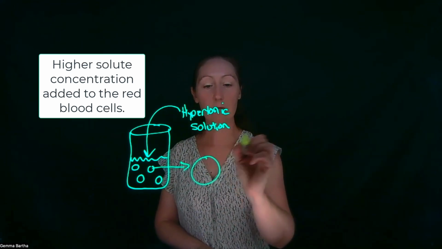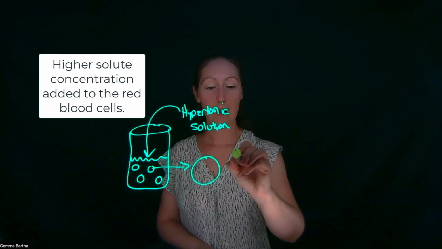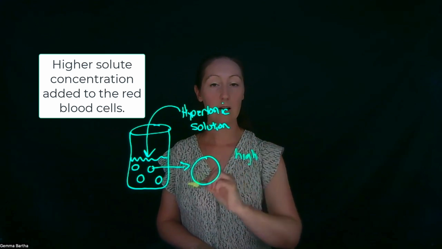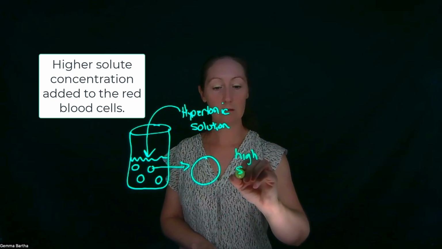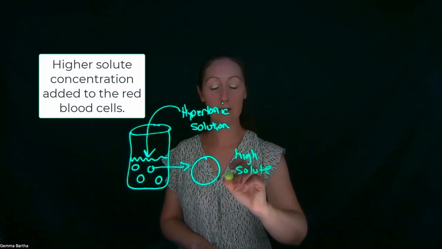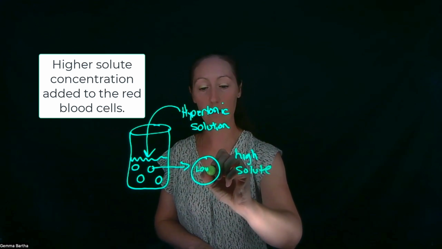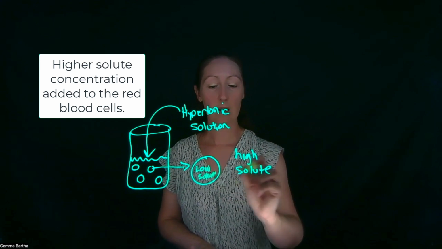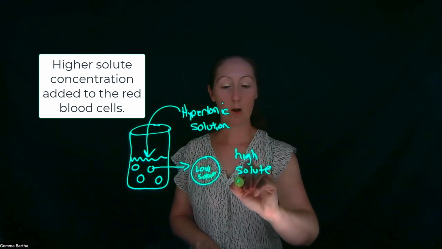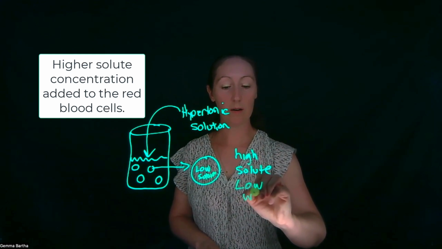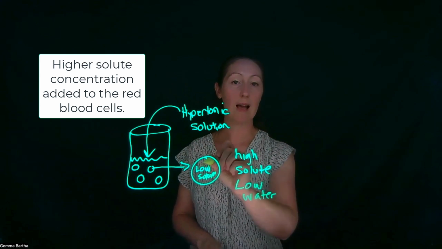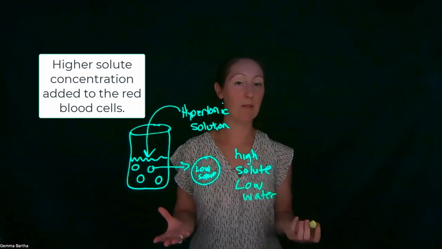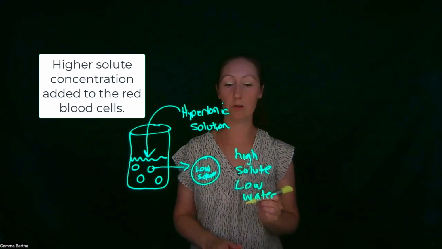And remember that you have high solute concentration on the outside. So this would be low solute, and this would be low water. Whereas this would have, if it's a lower solute, a higher water concentration.